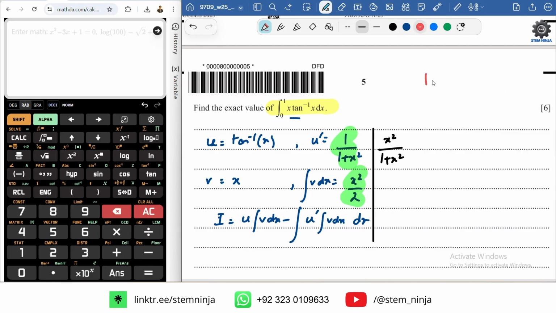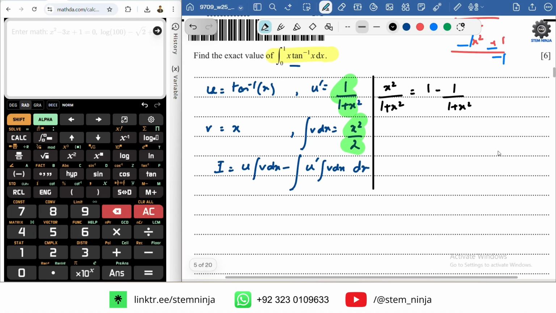So 1 plus x squared into x squared. When you multiply this by 1, you get x squared plus 1, minus, this becomes minus 1. That's it. So it is equal to 1 minus 1 over 1 plus x squared. That's all we need.